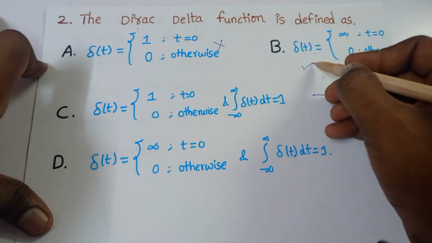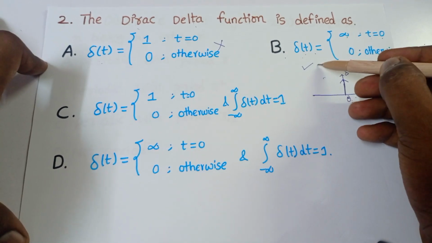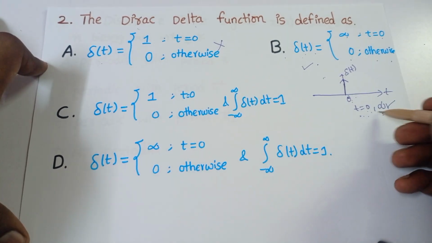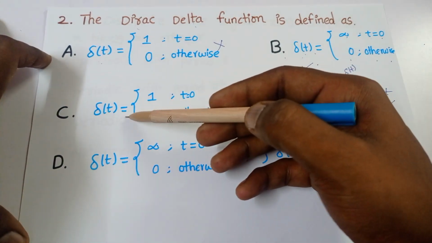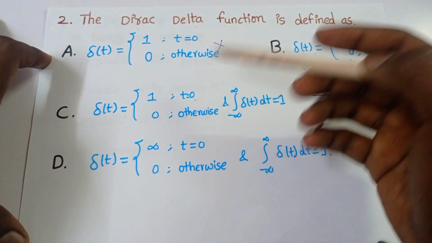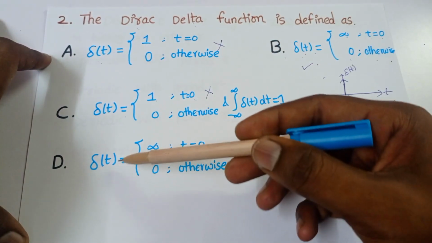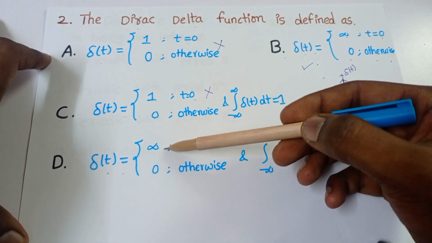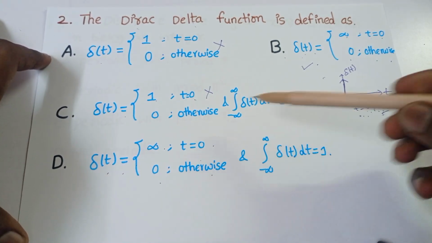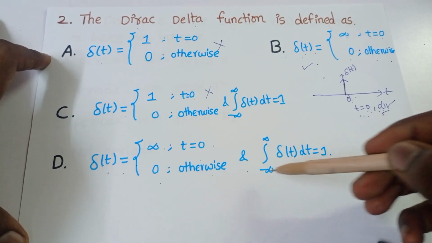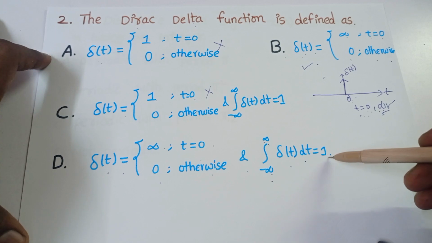It is right, but we need to check the 2 other options also. It is somewhat right, because at t equal to 0 we have infinity. And the third option is del of t is equal to 1 when t equal to 0. It is wrong because at t equal to 0 we have infinity. And the fourth option, del of t is equal to infinity when t equal to 0 and 0 otherwise, and one more condition is there, that is, the integral from minus infinity to infinity of del of t is equal to 1.